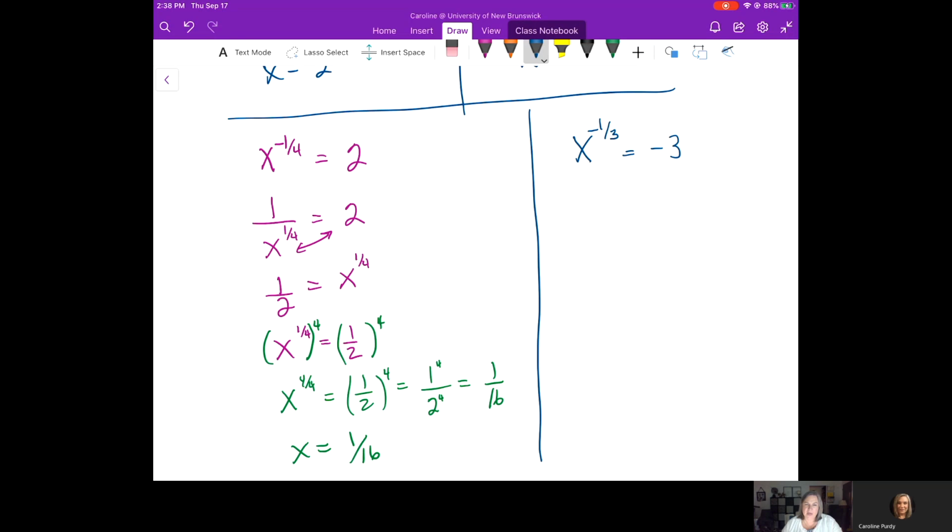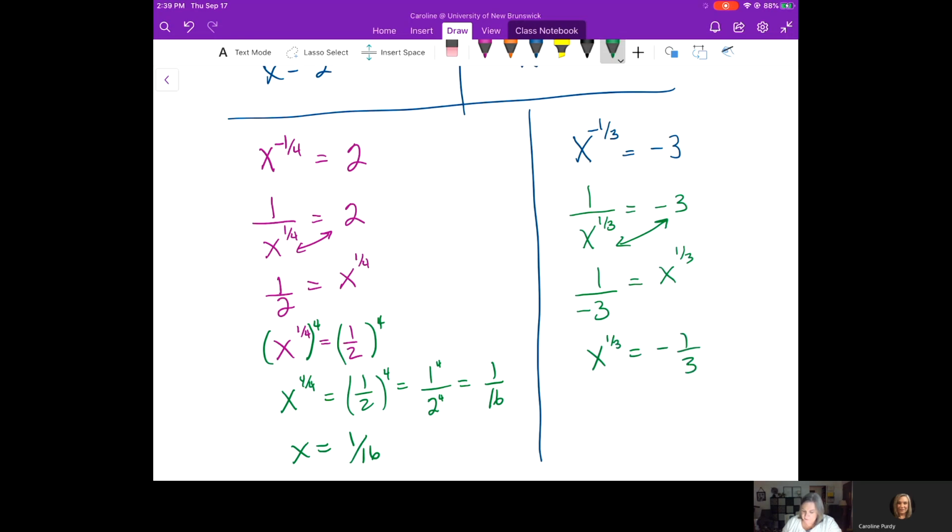Pause the video and try to do this before I give the answer. Follow along the steps that I just did for the -1/4 and see if you can get the right answer. So you go ahead and pause it and try, and then unpause it, and you can watch the solution. So just like the last one, let's make this a positive 1/3, and then let's cross multiply. And then I'm just going to write this the other way because I like the x on the left.